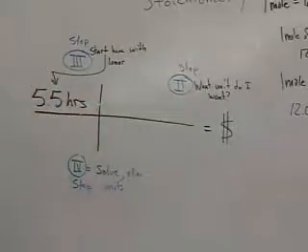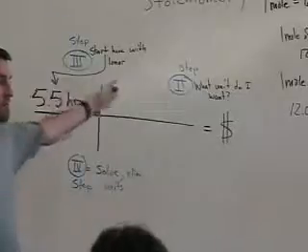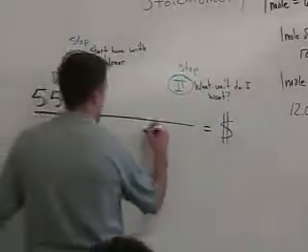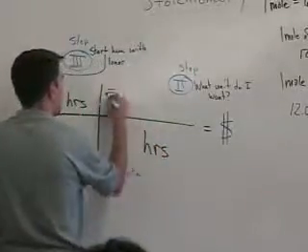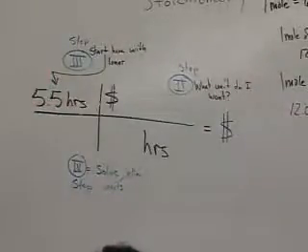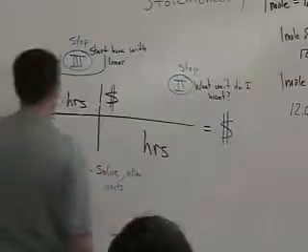Is hours in my answer? No. So they better be down here. What must be up here then? Money. Do I have a proportion that fits? Yes, right here. Oh, I better flip it over. Is that legal? Yes. Oh, you bet your bottom $9.